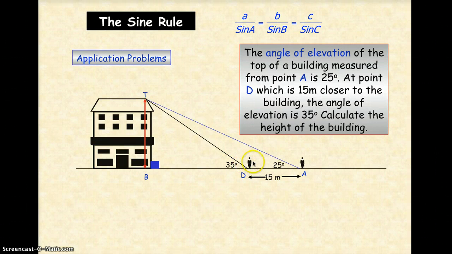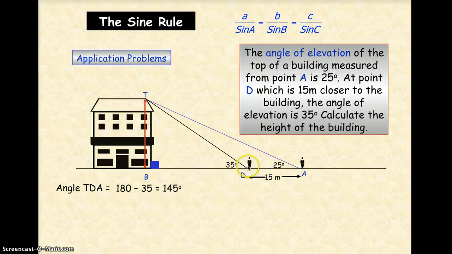So to find the interior angle for triangle TDA, we're going to subtract angle TDA: 180 minus 35, that's 145 degrees. That means the angle where this man is standing is 145 degrees.